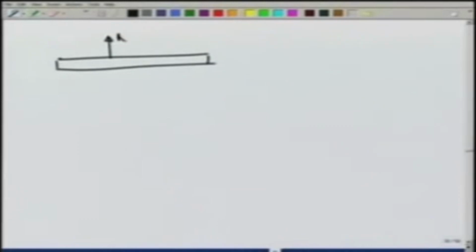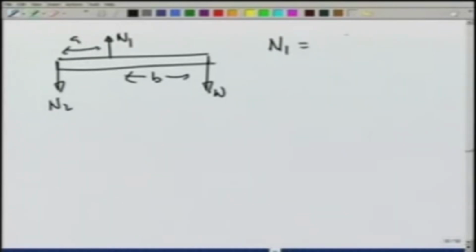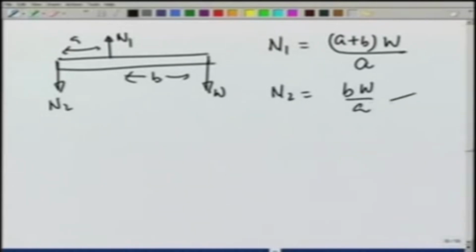So, what we find is, for this built-in support, N1 is equal to A plus B times W over A, and N2 is equal to B W over A. I could have gotten this answer directly if I took the torque about this point, but the point I am trying to make now is going to be slightly different.